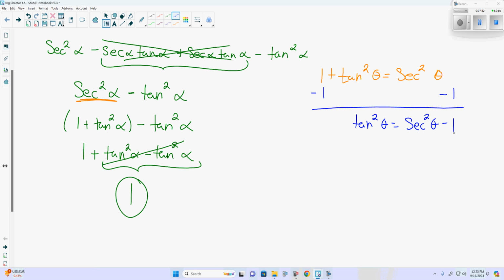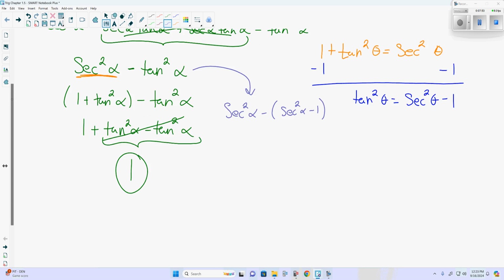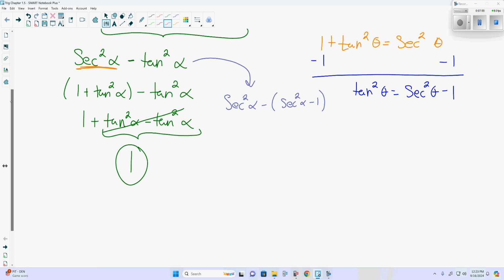The other way we could have the general form is that tangent squared is equal to secant squared minus 1. And all that means for us here is that instead of replacing secant, I replace tangent with secant squared of alpha minus 1. But it seems like it's different because this time the 1 is negative, not positive, right?